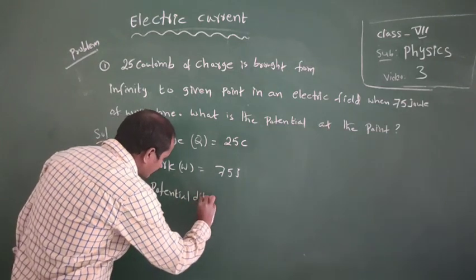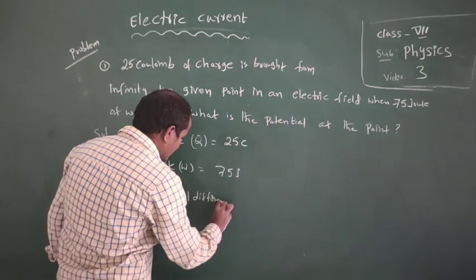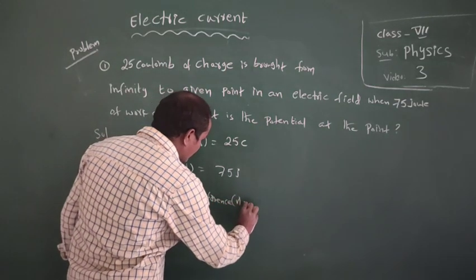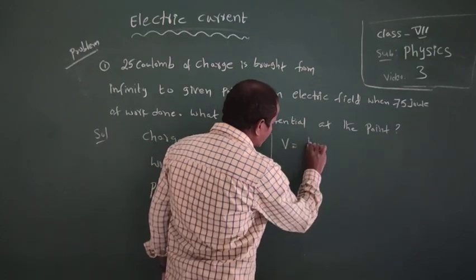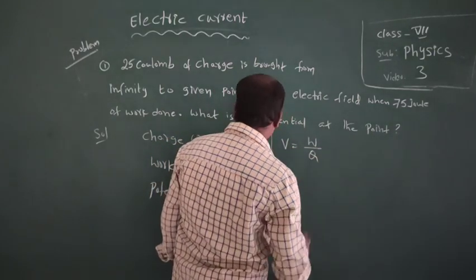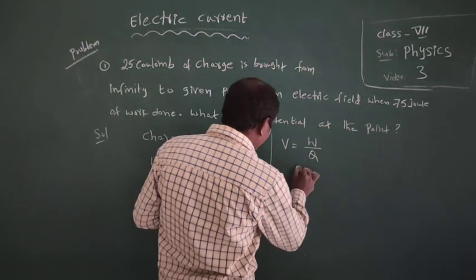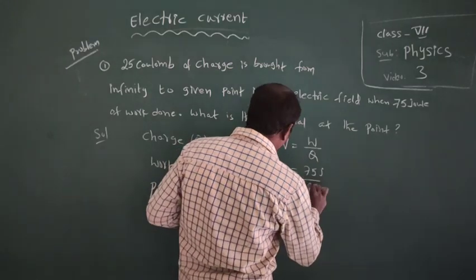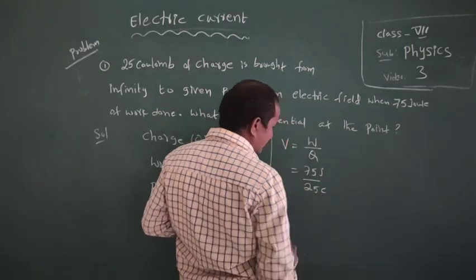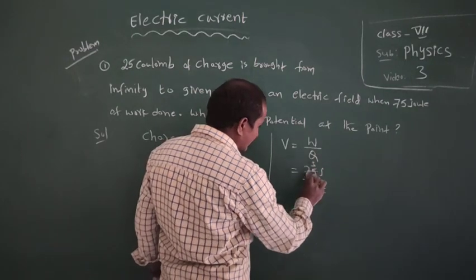Then find the potential difference. Potential difference V equal to how much? We know that potential difference V equal to work done by charge, that is 75 J by 25 C. 25 threes are 75.